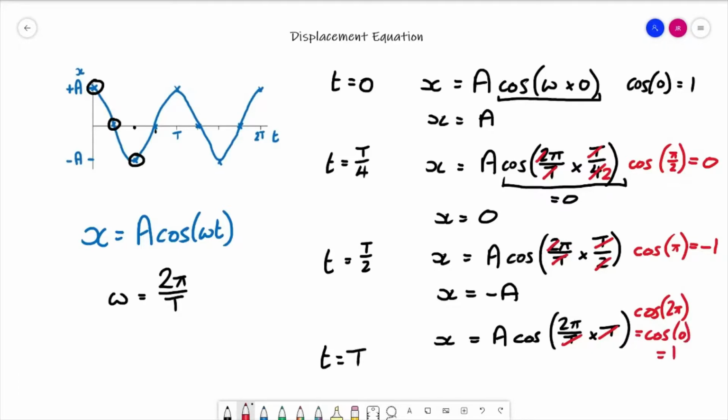So we end up back with exactly the same result as before: x is equal to A, and on the graph, x is equal to A. Hopefully you can now see that we've tested it with some points on the graph. I'm not going to go on, because it will hold up for any fraction of a time period that we plug in. So hopefully I've convinced you that x is equal to A cos omega t is the equation to describe the graph of displacement against time.